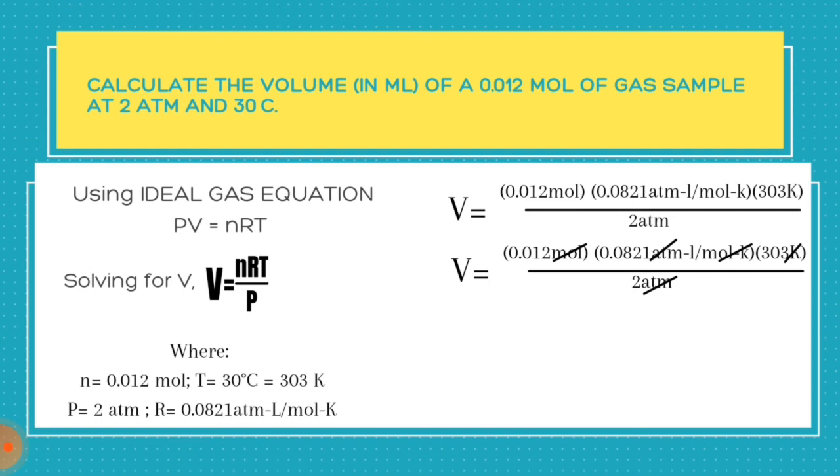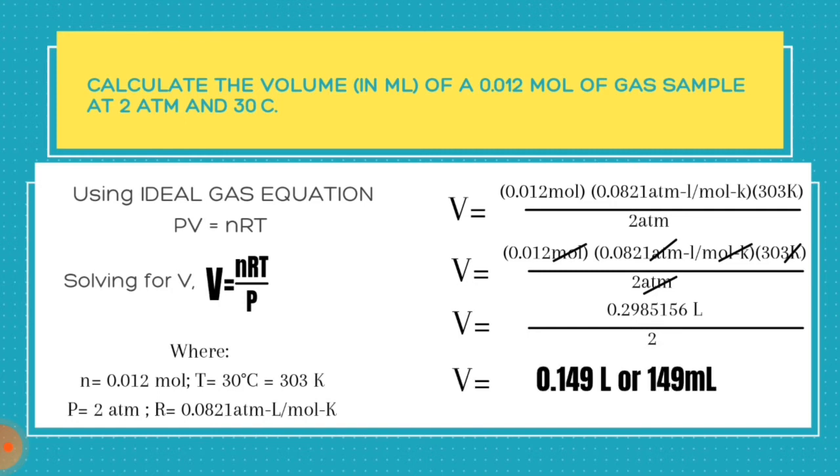So the answer is V equals 0.2985156 liters over 2. V equals 0.149 liters, or 149 ml, since that problem needs the volume to be in ml. So let us convert the 0.149 liters to 149 ml.